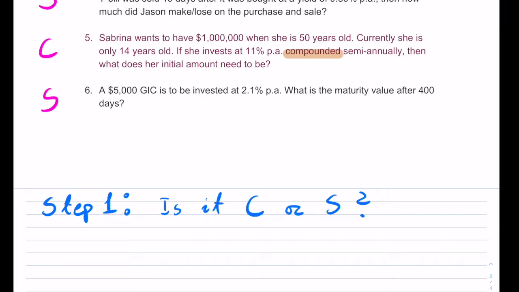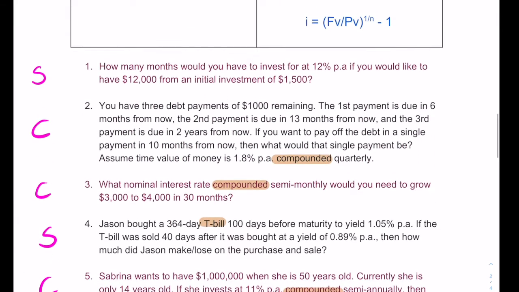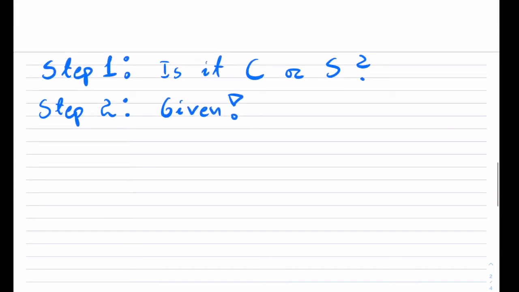That's step number 1 before you do anything. Now, the second step, once you know, what we have to do is figure out what these givens actually are. There's a different set of givens for simple and compound interest.